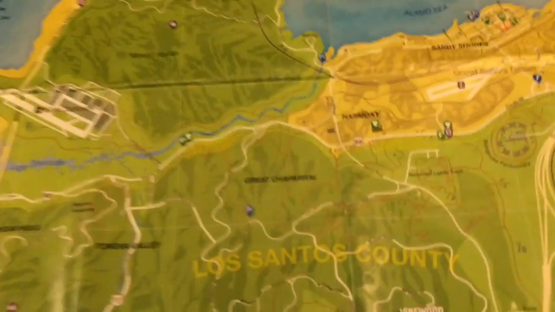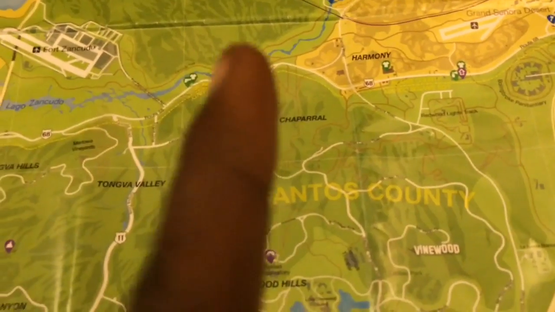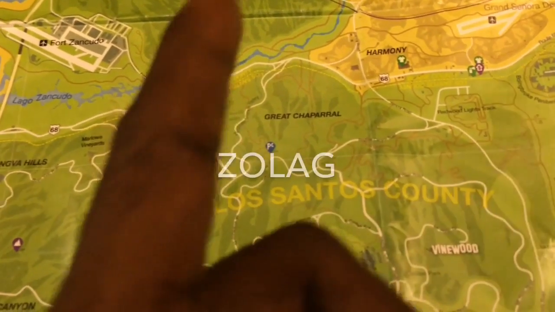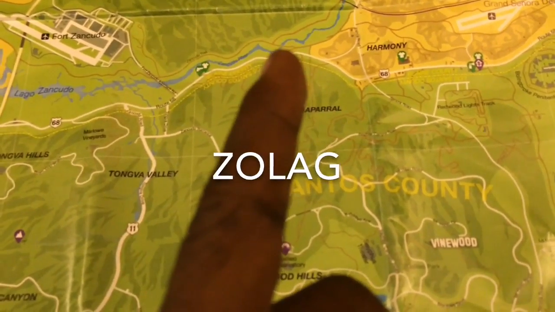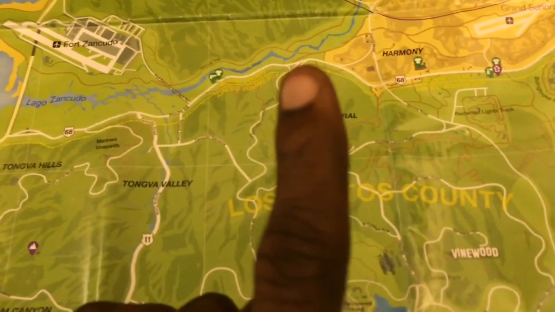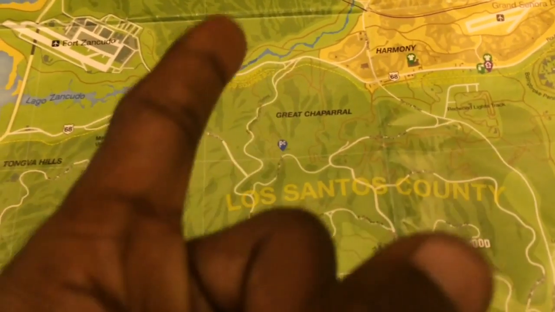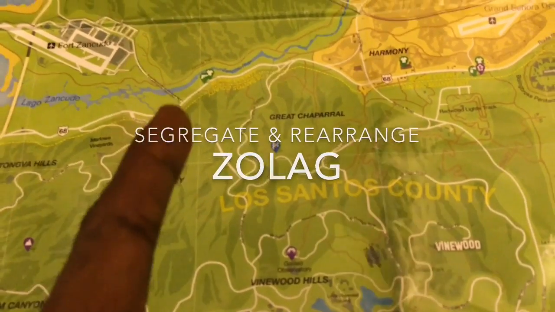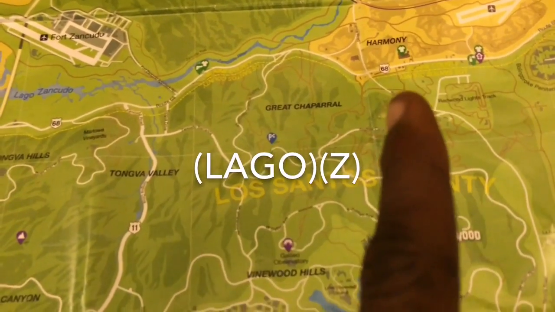So now what we're looking at here is the GTA 5 map. Now, what I want to ask you here is, why is it that we get called Zolag? Okay, Zolag. I want you to really think about that. But why is it that Zolag, when segregated and rearranged, forms Lago Z?